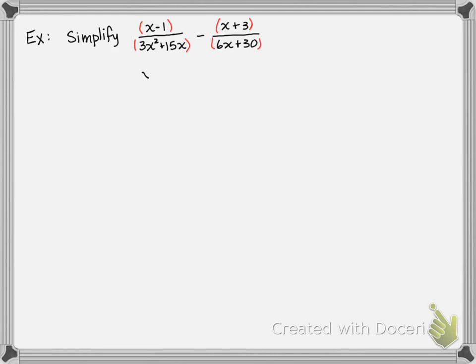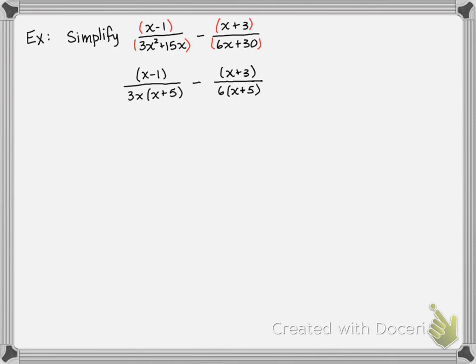So I've got x minus 1 over 3x times x plus 5. And then x plus 3. It's really ugly. x plus 3 over 6 times x plus 5.